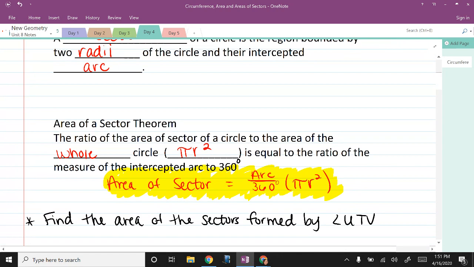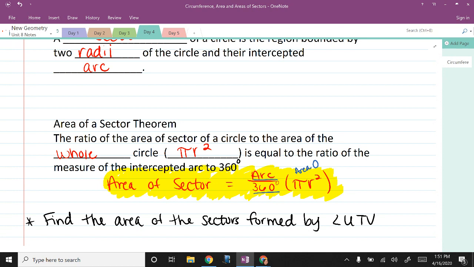So basically, you take your arc measure and put it over 360 as a fraction and multiply that by pi r squared. So remember, pi r squared is the area of the whole circle. Okay? So all you need is the arc measure and the radius.